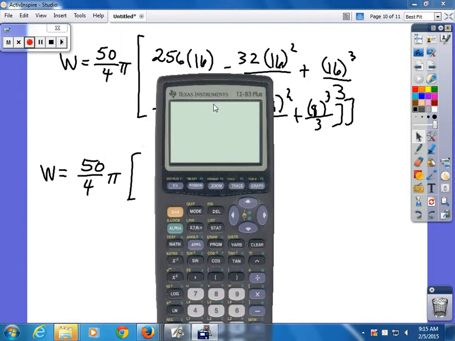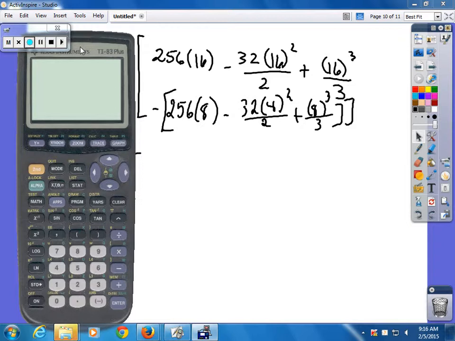So 256. Let me turn it on. There we go. 256 multiplied by 16, close parentheses, minus parentheses, 32 times 16 squared, close parentheses, divided by 2, close parentheses, plus parentheses, 16 squared divided by 3.